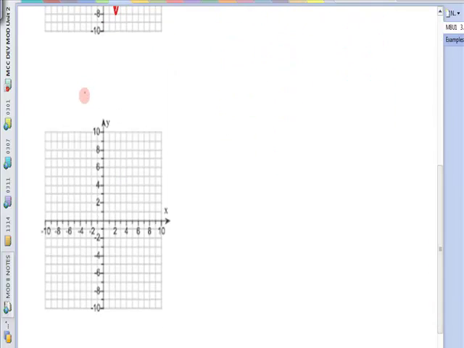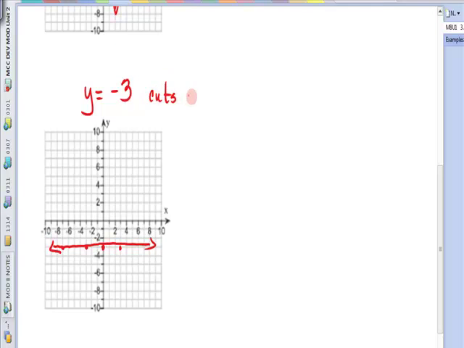If instead I'm asked to graph the line, say y equals negative 3, well, y is negative 3 right here. It is also negative 3 here, and here, and here. All of those points have y coordinates of negative 3. So what you'll need to remember is that the line y equals negative 3 is a horizontal line.